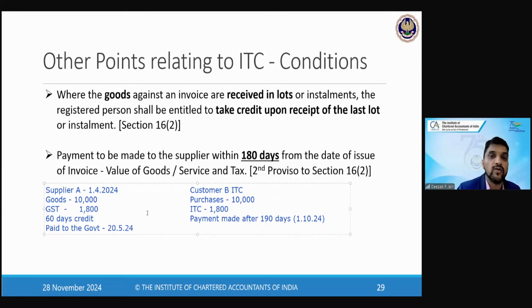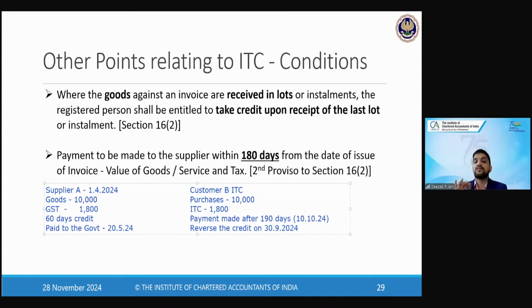Correct? Now, customer B, who has not made the payment within 180 days, will have to reverse the credit on 30th September itself, because as on 30th September, he has not made the payment.